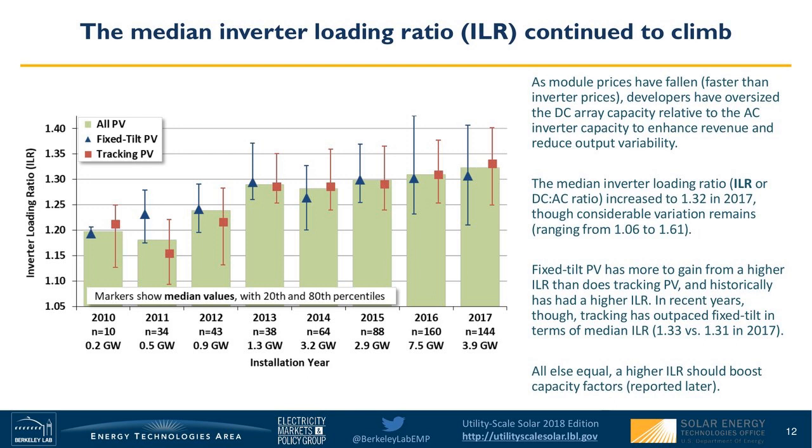It's important, however, to realize that there is broad underlying heterogeneity of different design practices. Some projects are pretty closely aligned, have just maybe 6% more modules relative to the inverter capacity, whereas others have increased their module arrays much more, than 60% more than the inverter capacity.